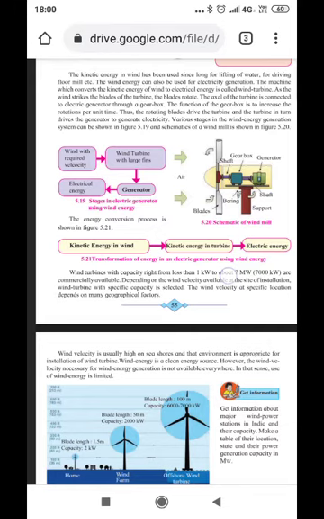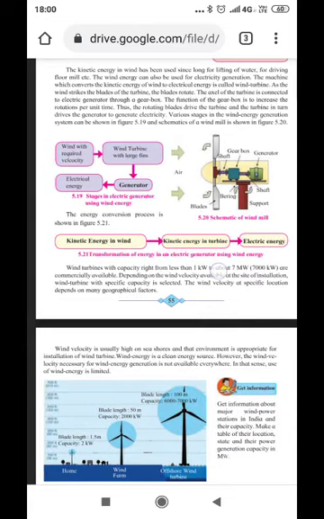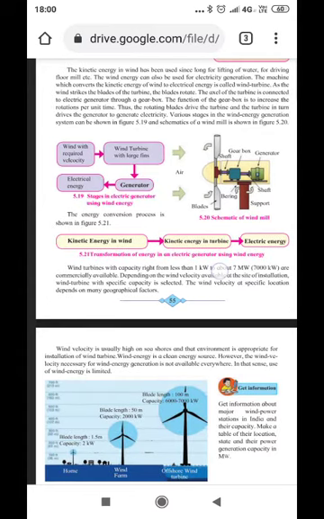The kinetic energy in wind has been used since long for lifting water, for driving flour mills, etc. The wind energy can also be used for electricity generation. The machine which converts the kinetic energy of wind to electric energy is called a wind turbine.